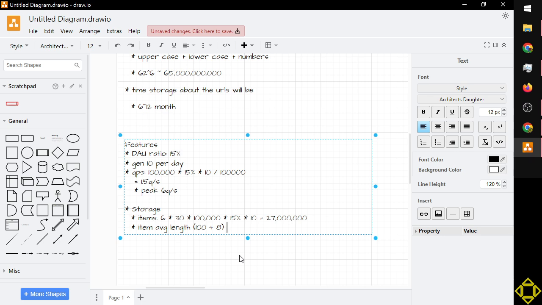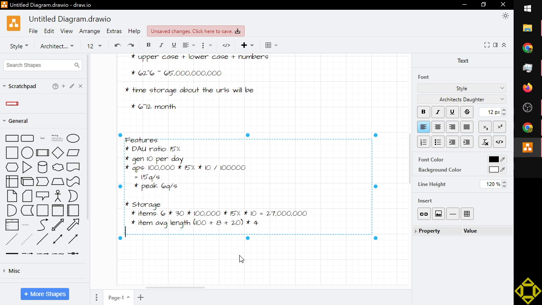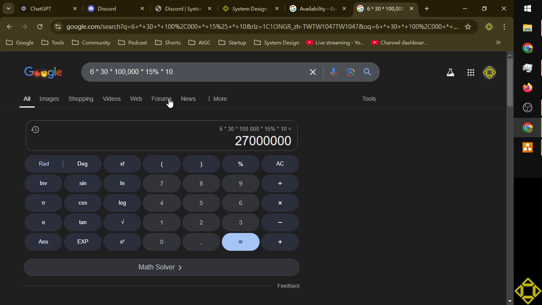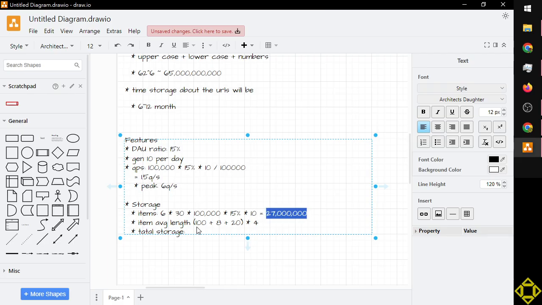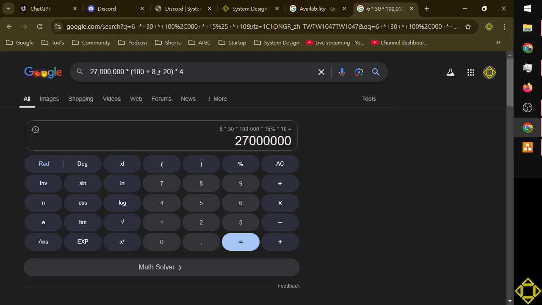And we will multiply it by the length and add some meta information. Maybe it will be low, maybe just 20 for meta information. We just keep it as short as possible. So the total storage will be this one plus this one plus this one.